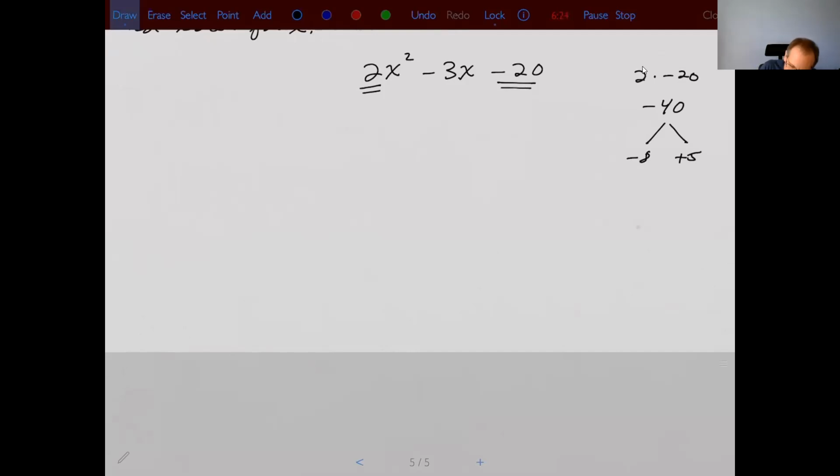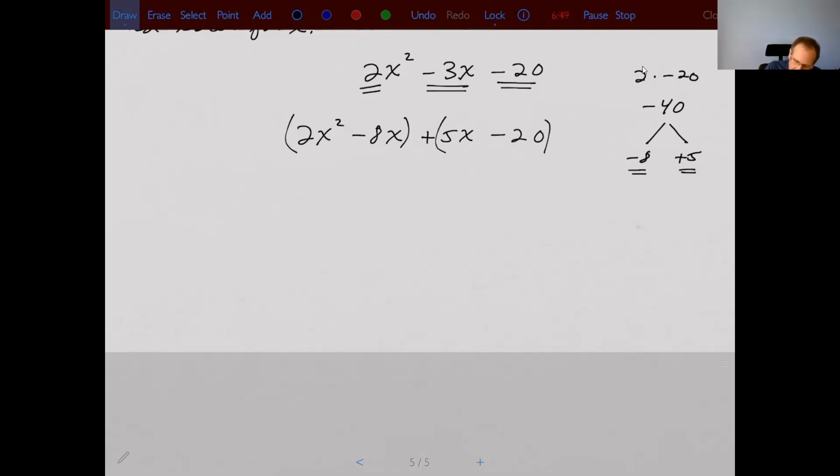So now I rewrite this middle term, the negative 3x, in terms of these two factors. So now this becomes 2x squared minus 8x plus 5x minus 20. And then once we have the four terms there, we factor by grouping, right? So I group the first two terms, I group the last two terms.